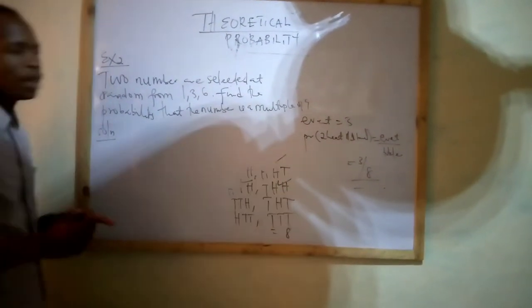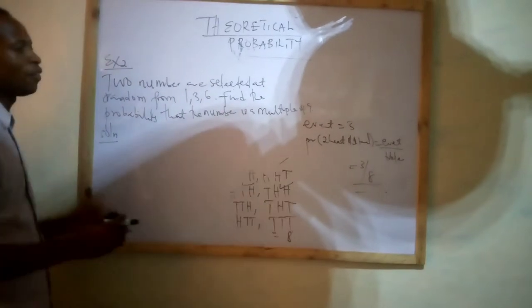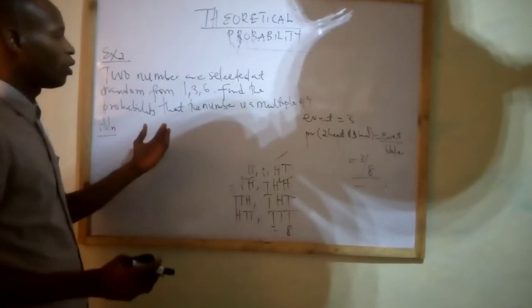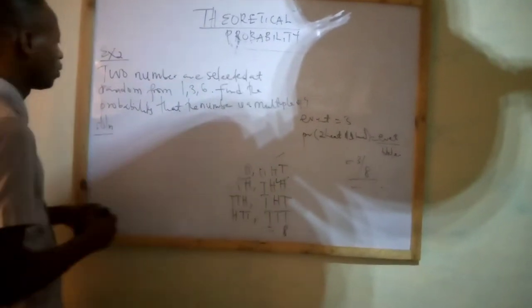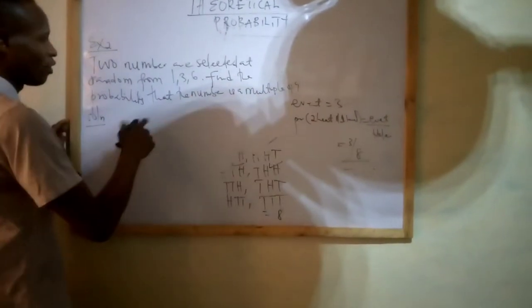Now, given a question like this, where you have digits like this, and they say find the sum of the numbers... Sorry, this is not correct. Sorry for that.